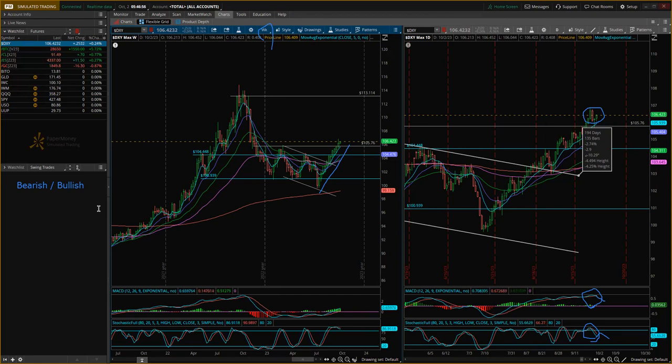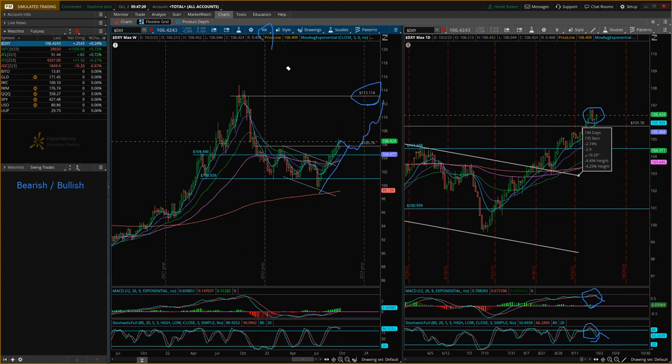So eventually I think the strong dollar trend will continue. We might experience some correction like this, but then I think it will go up and revisit the $113 level.